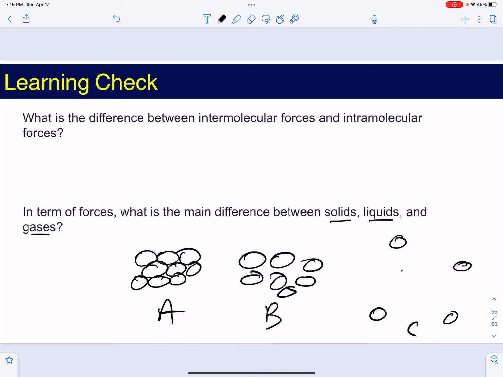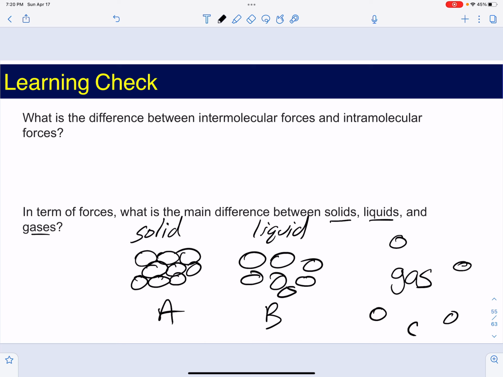You will say C is the gas because the particles are farther away from each other. This will have to be the solid, and this will have to be the liquid, because you already know that the phase of matter, solid, liquid, gas, depends on the forces keeping those molecules attracted to each other.